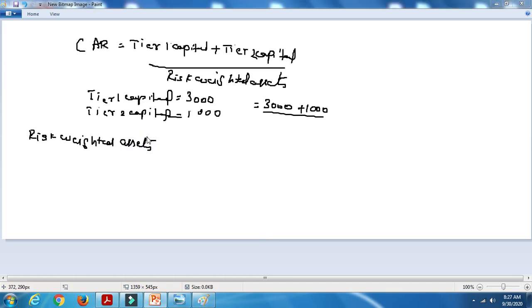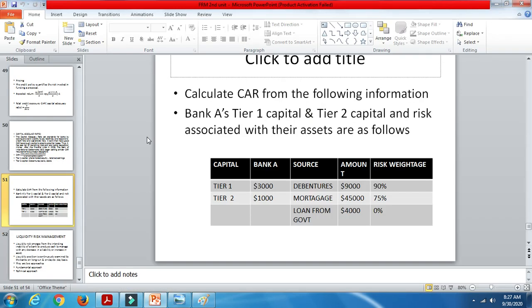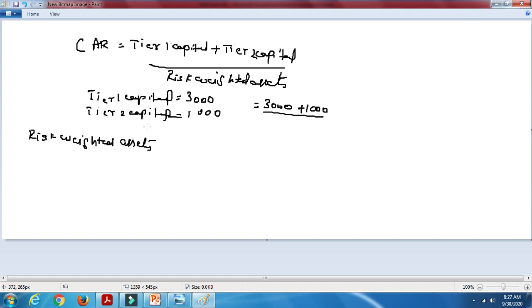What are the assets he has given you? Debentures 9000, mortgage 45,000, and the percentages 90 and 75%. You need to calculate the risk percentage out of it.